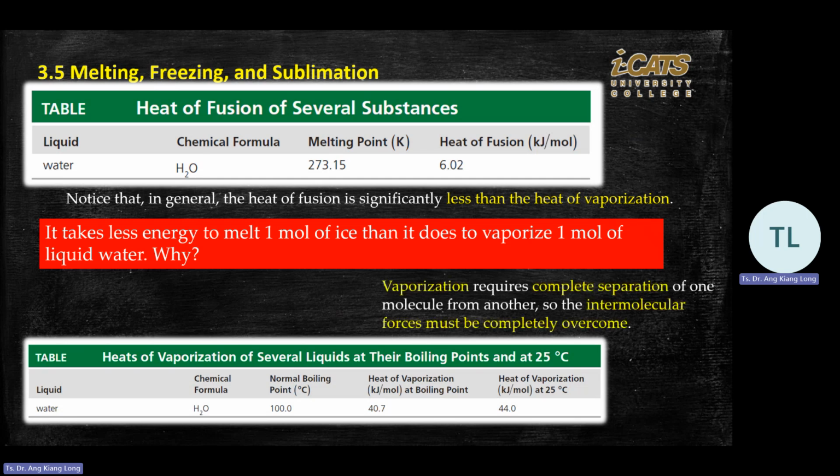So again, we explain based on the intermolecular force, and also the distance. Vaporization requires complete separation of one molecule from another, so you must overcome the intermolecular force. You're breaking the intermolecular force, completely separating.